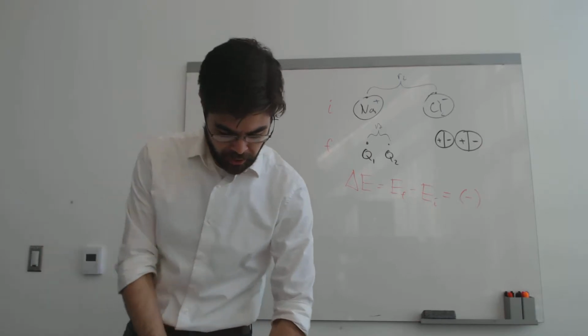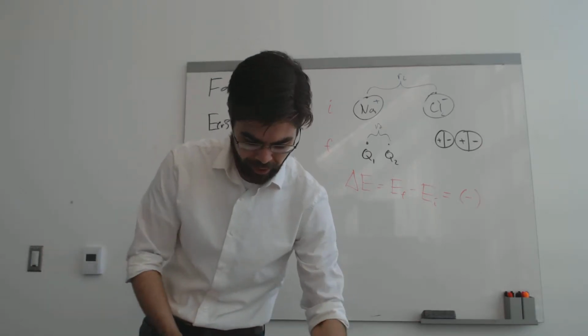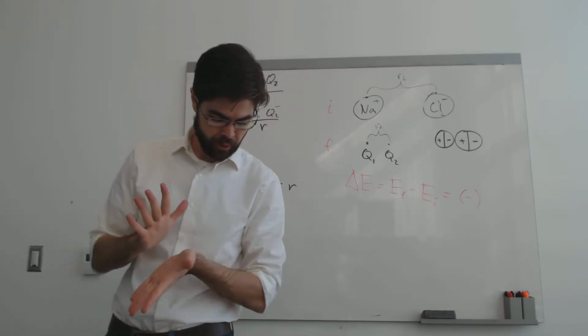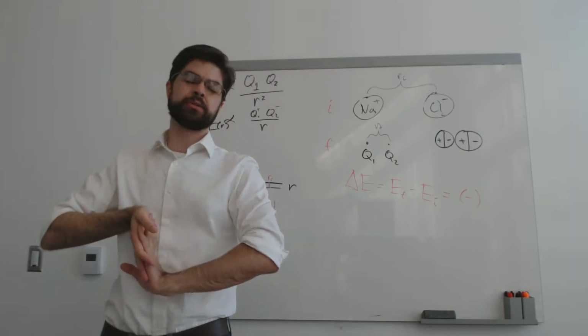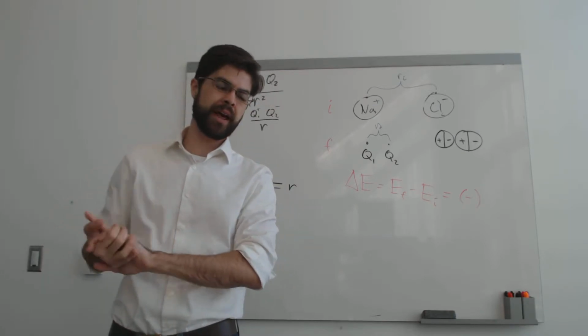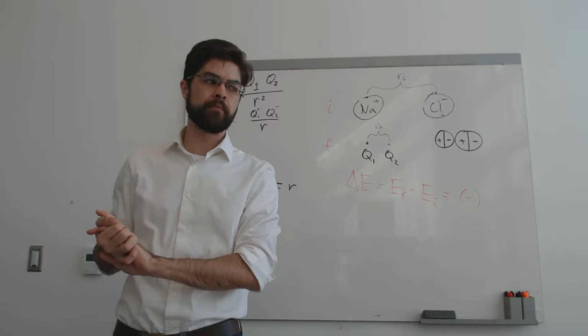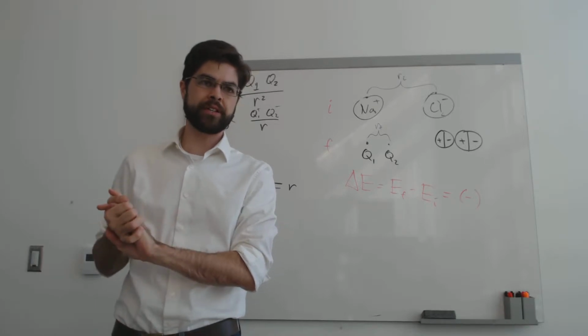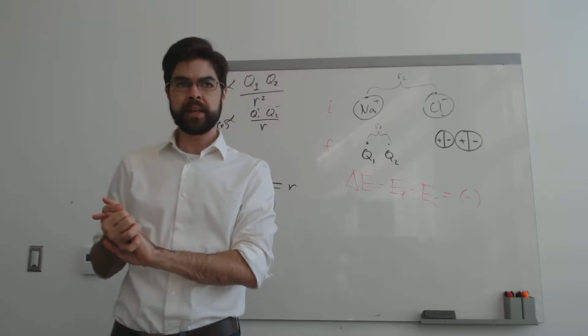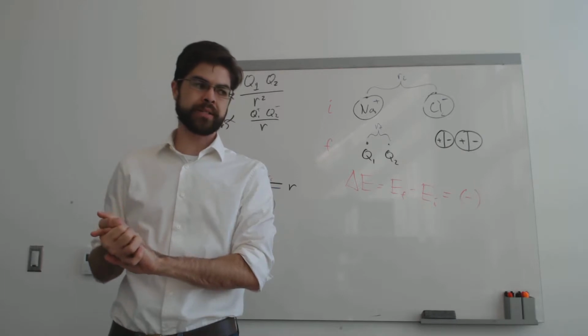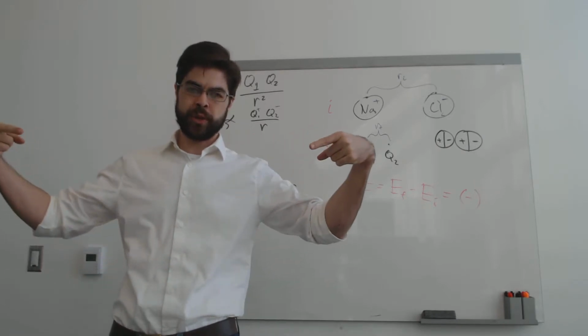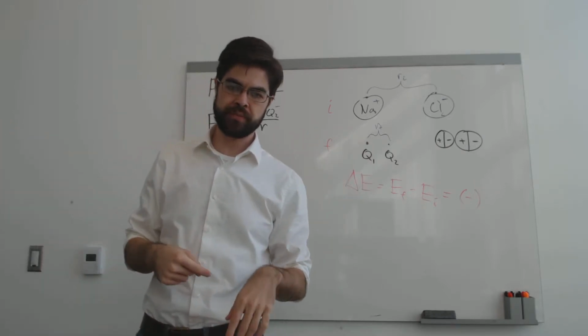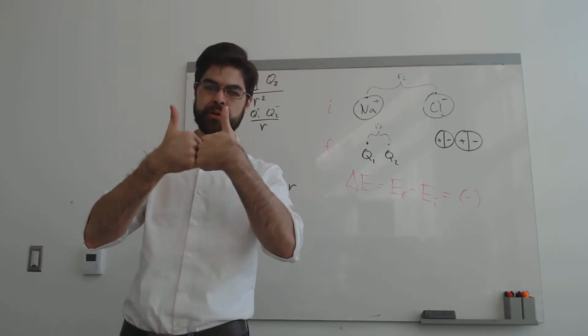Somebody was asking me also, why do endothermic processes feel cold? What's really the distinction between an endothermic process and an exothermic process? They both involve a transfer of energy. Endothermic processes are ones where energy is transferred into the system, meaning the system's energy increases.